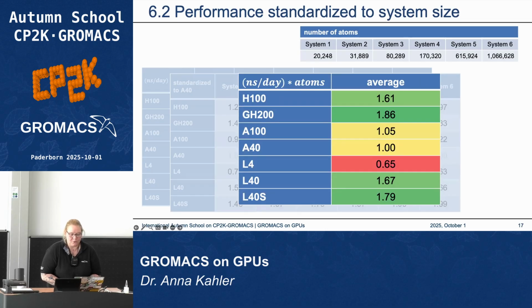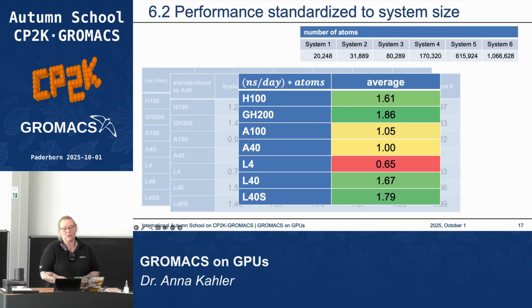And from a pure performance point of view, the L40, this is the red line, doesn't look really like the other. And we also see that the Ampere generation, so the A100 and the A40, performance-wise, take a backseat compared to the Hopper generation and the Ada Lovelace generation.